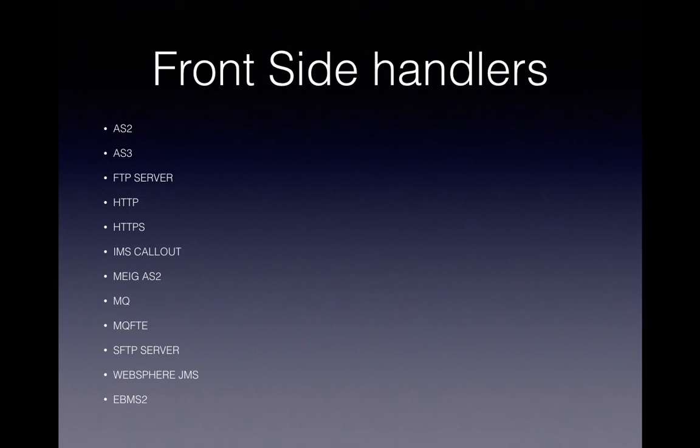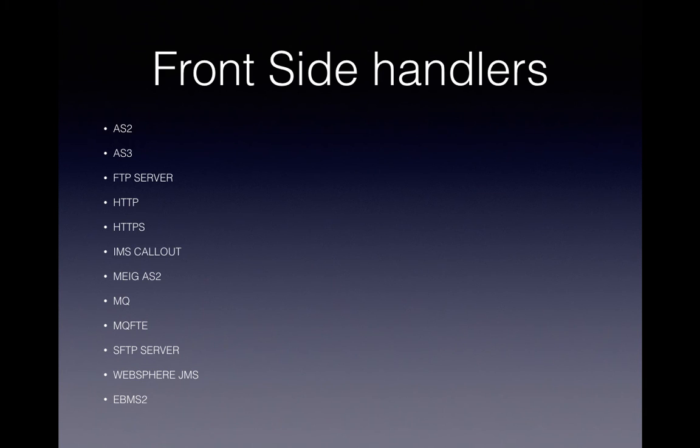Next we have MEIG AS2. MEIG stands for Multi-Enterprise Integration Gateway Server. As per the current trend, MEIG is to be replaced by IBM Sterling. That will be a new feature and it will not be separate software as such.